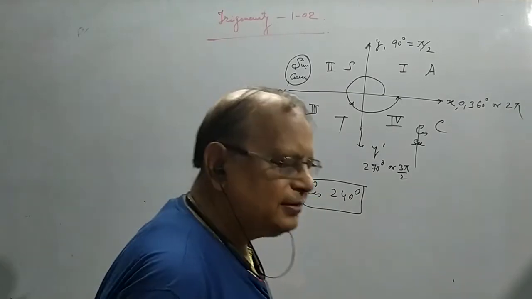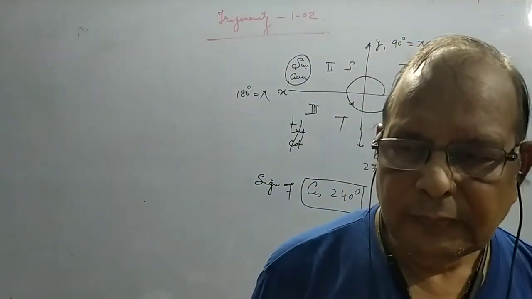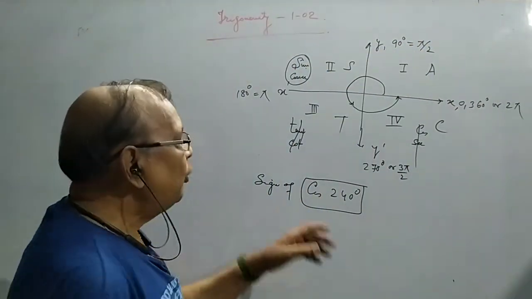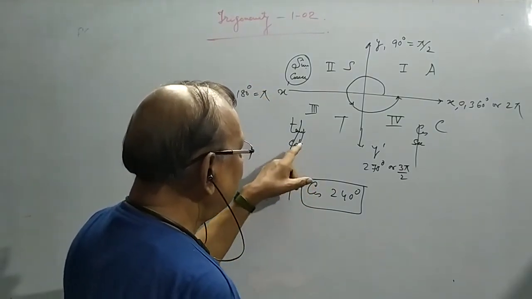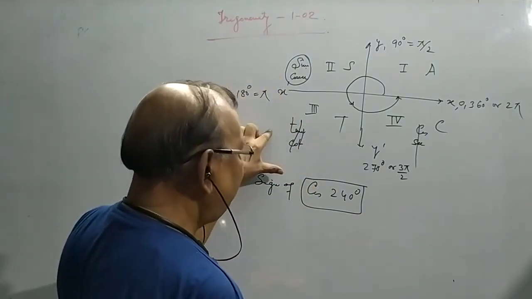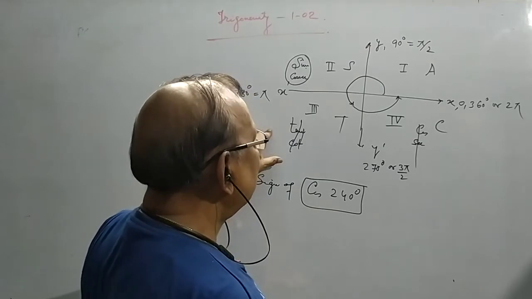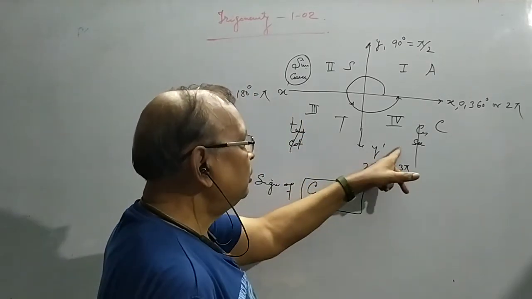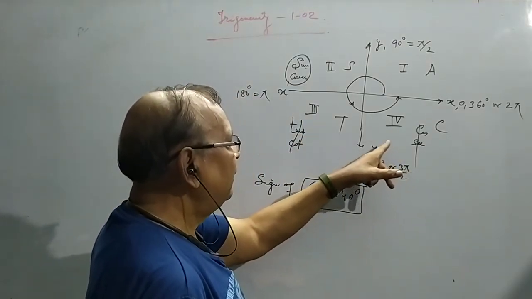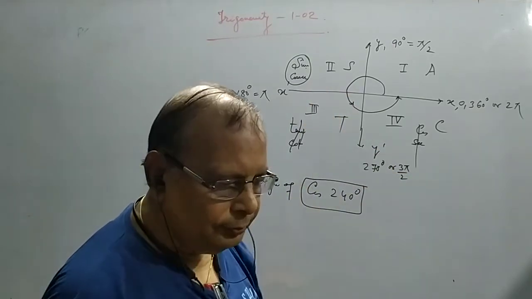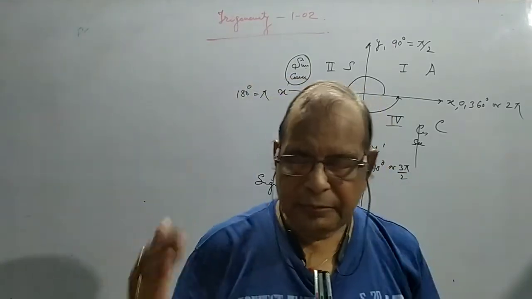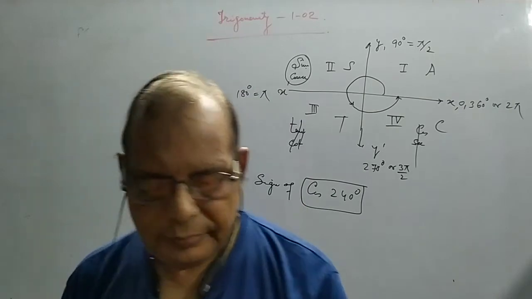The negative sign is this. 2 quadrants for negative, that is for cos second and third, for sine third and fourth, for tan second and fourth. That must be on your tips.